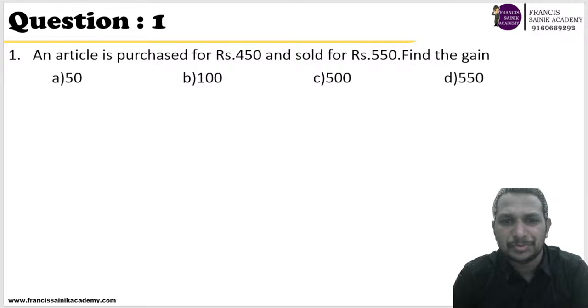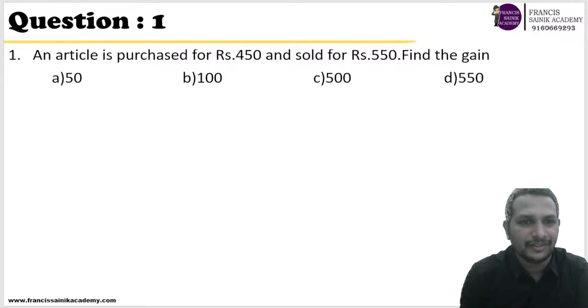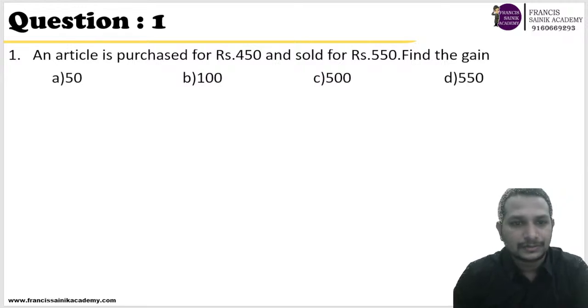Let's see the first question. An article is purchased for rupees 450 and sold for 550. Find the gain.